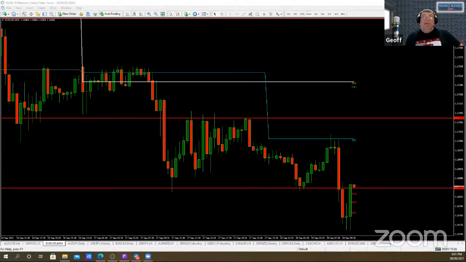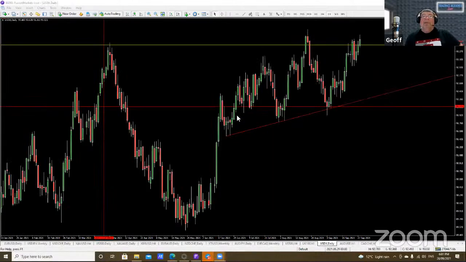Dollar index is there. So that's why I say it's a little bit confusing at the moment, because we are at a resistance level, but that's perfect because all we need to do is wait for the candles to tell us whether we're going through there or we're coming back.